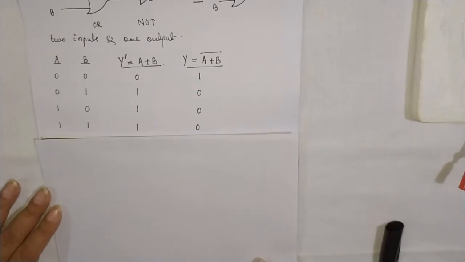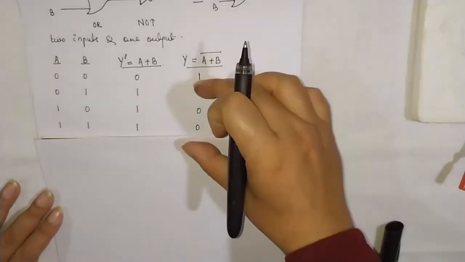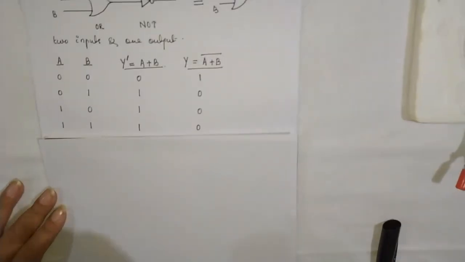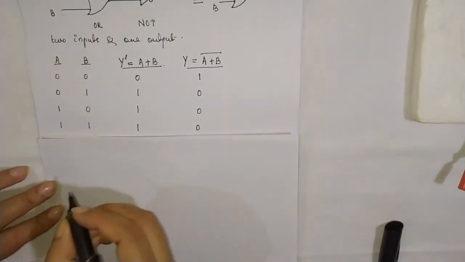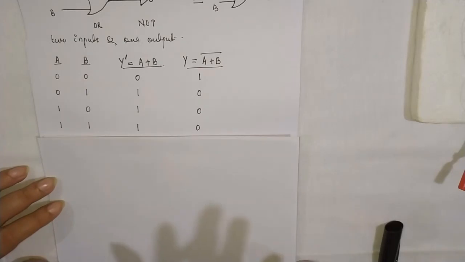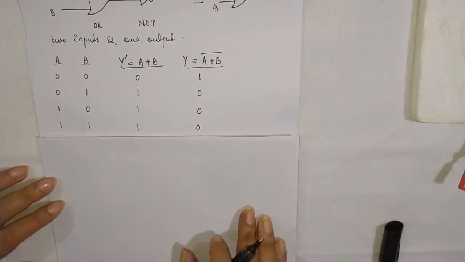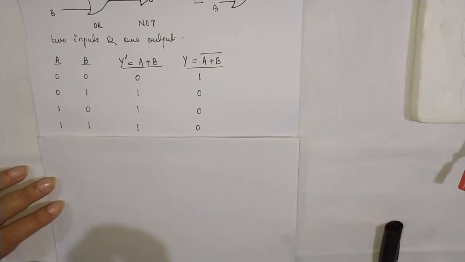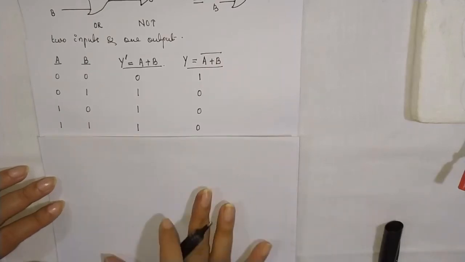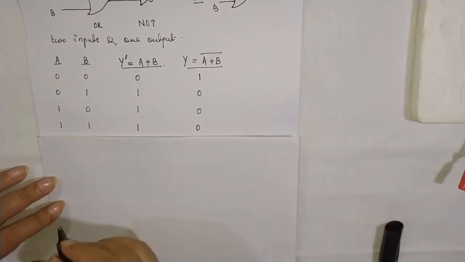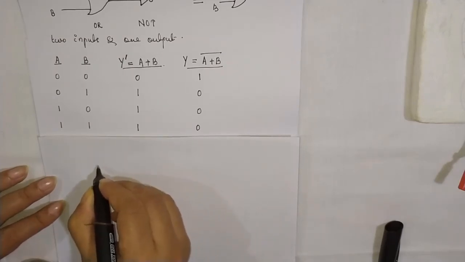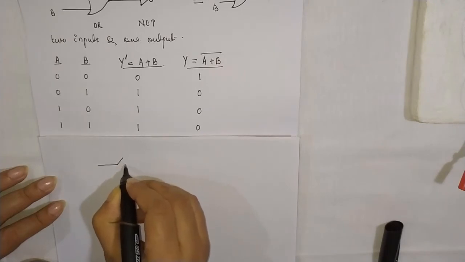Now let's do a circuit diagram to prove the output of this truth table. We are not going to enter into a very complicated circuit. We are just going to use simple switches to prove this output of the NOR gate. So now I have to take two switches.